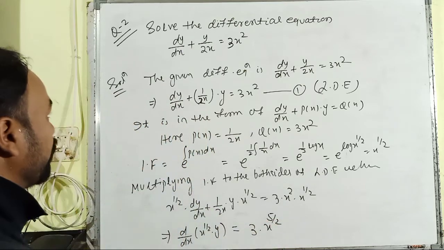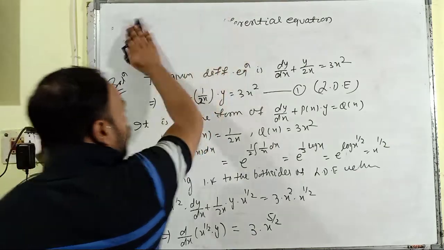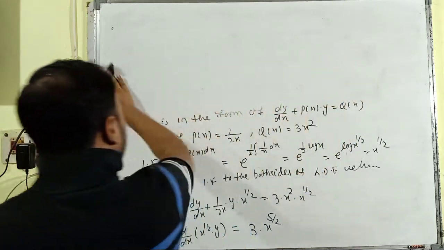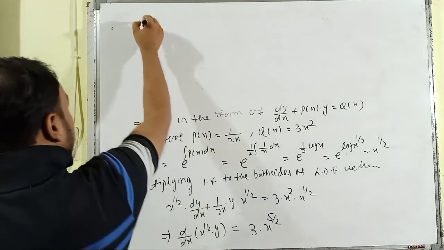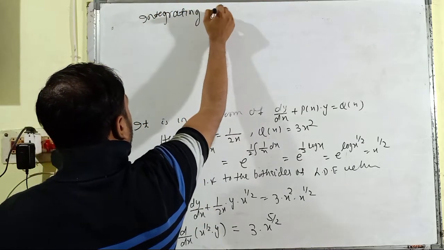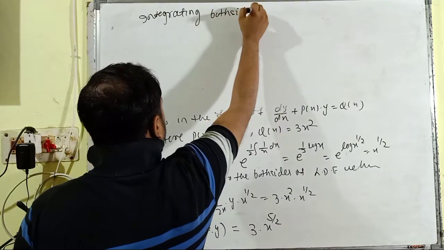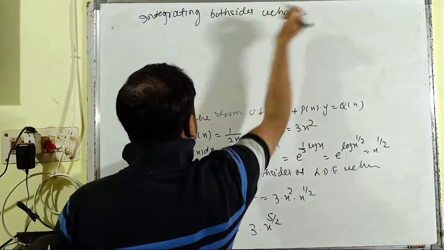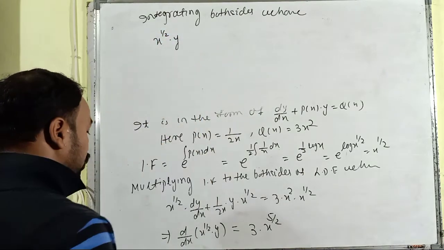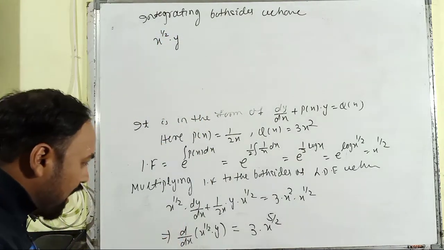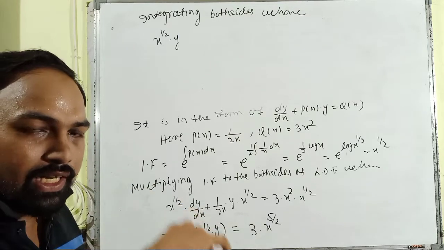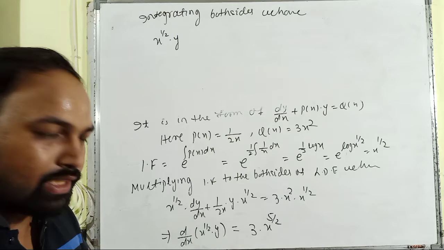Then we have to integrate both sides with respect to x so that we can obtain the required solution. Integrating both sides, we can have x to the power 1 by 2 multiplied with y, because the integral of d of 1 dx will be cancelled, because integration of differentiation is cancelled.